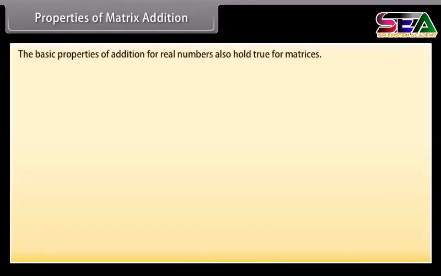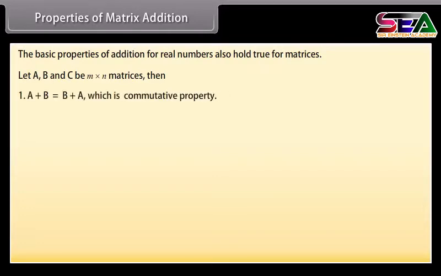Properties of matrix addition. The basic properties of addition for real numbers also hold true for matrices. Let A, B and C be m by n matrices, then A plus B is equal to B plus A, which is the commutative property. Associative property, A plus B plus C is equal to A plus B plus C, grouped either way.